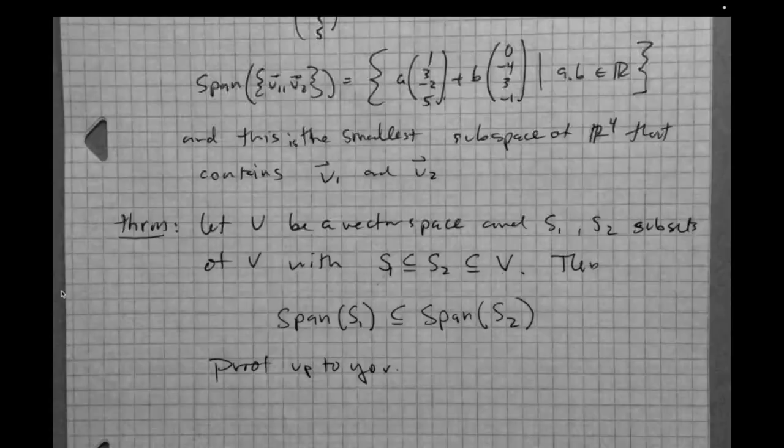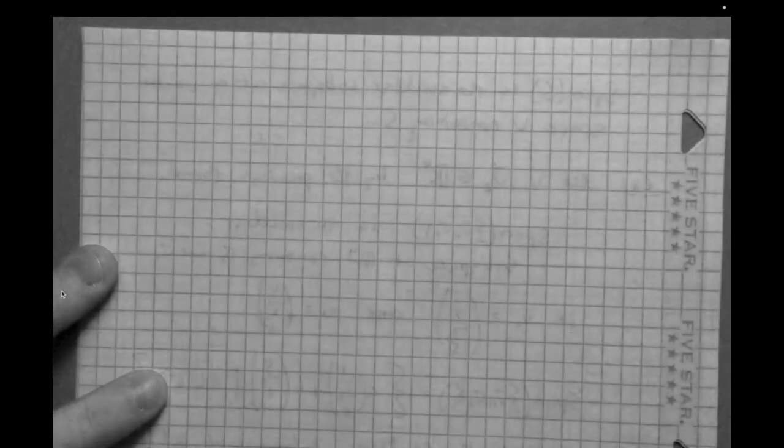I want to focus on the next topic related to span. What we're going to do next is introduce a method for simplifying the vectors in the span of a given set.